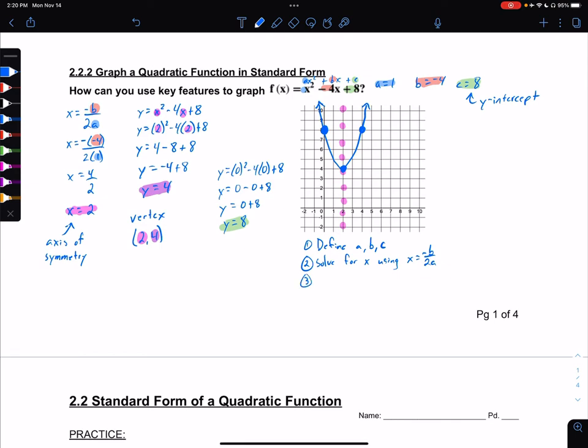Your third step will be to plot the axis of symmetry, which remember is x equals the value from step 2. After you plot the axis of symmetry, you can then solve for y by substituting x into the function.